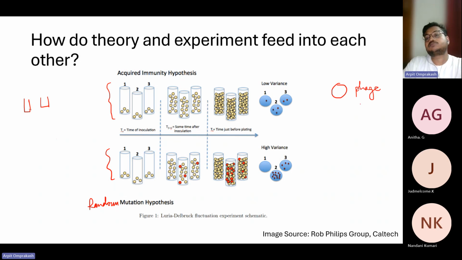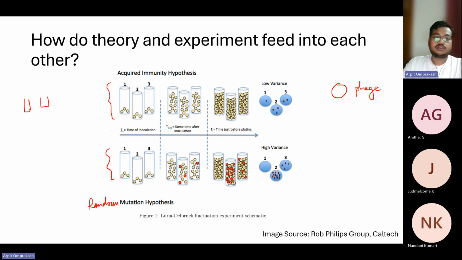A bacteriophage is basically a virus that kills the bacteria, right? And it's also known that some bacteria have a mutation which helps them fight off the phage and grow in plates where phage is present.